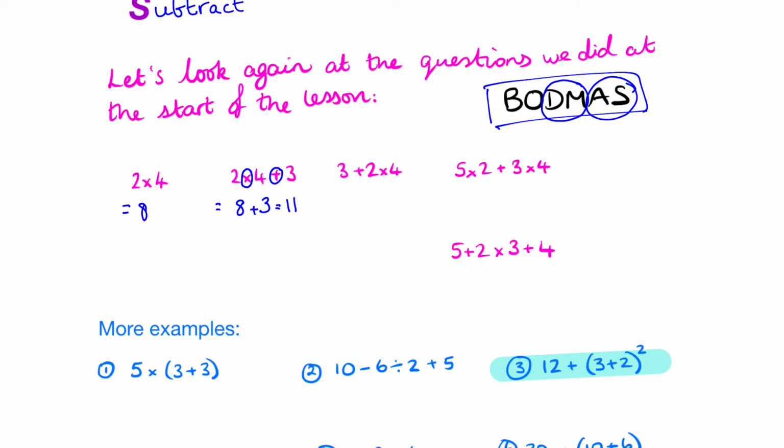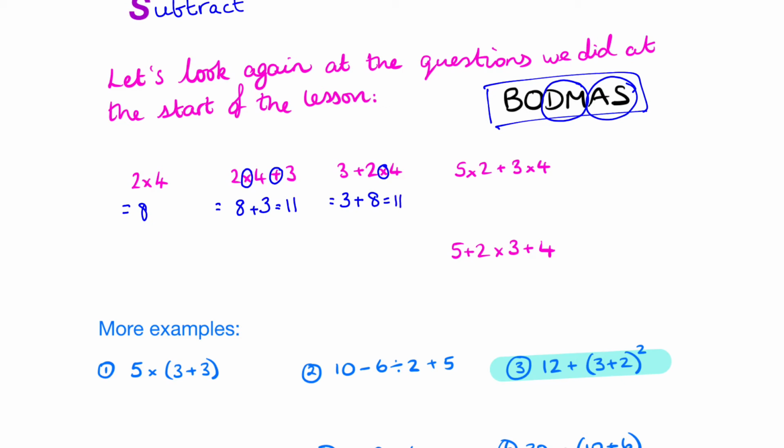When we look at the next question, 3 add 2 times 4, again we've got an add and a multiply, but the multiply needs to happen before the add. So we do our multiplying first and then our adding. We work out the 2 times 4 before the 3 add. So 3 add 8, and lo and behold, same answer as the last one, 11.